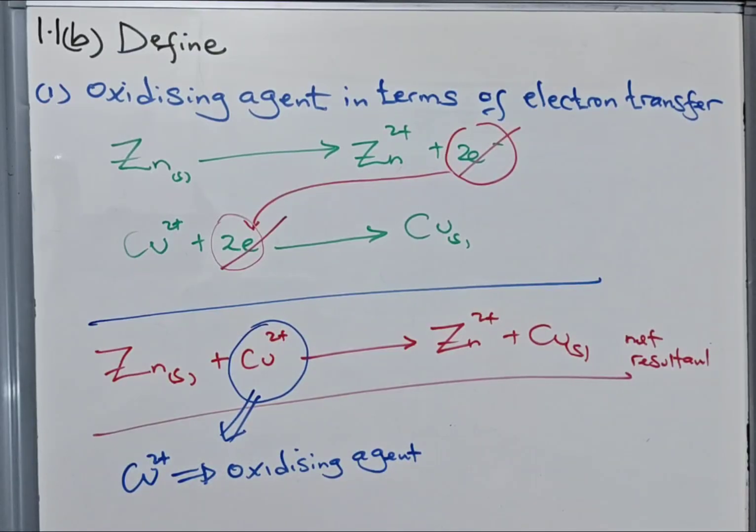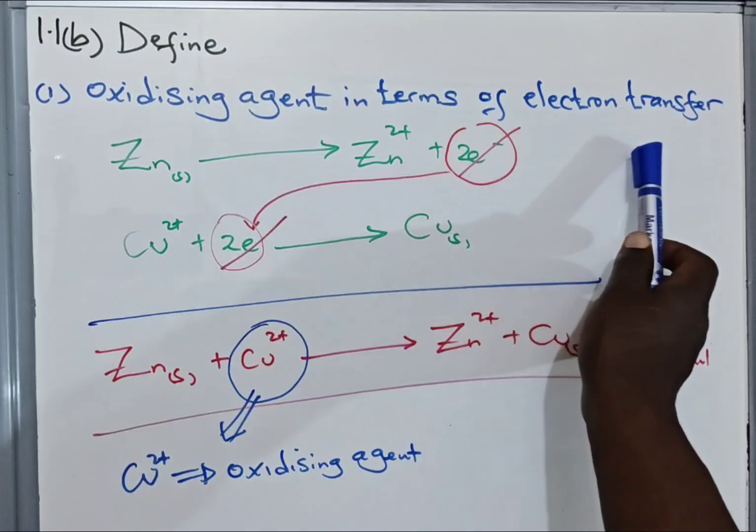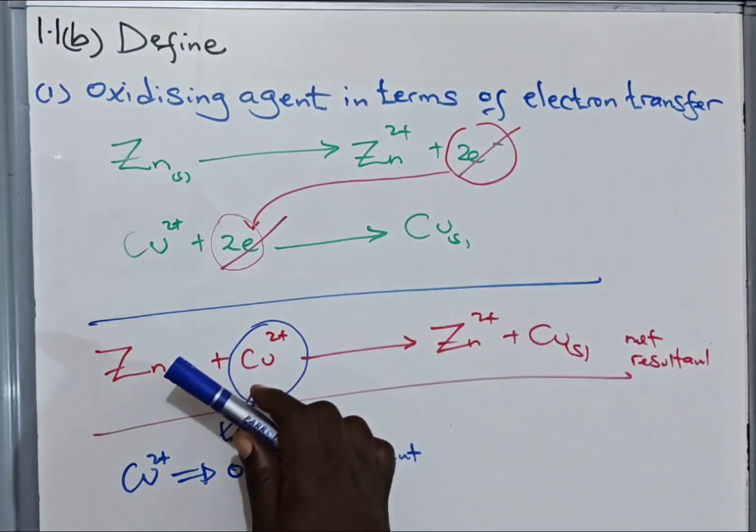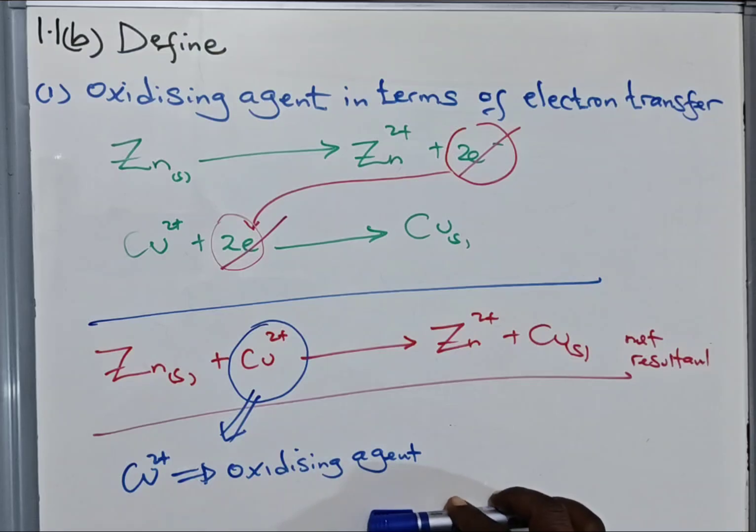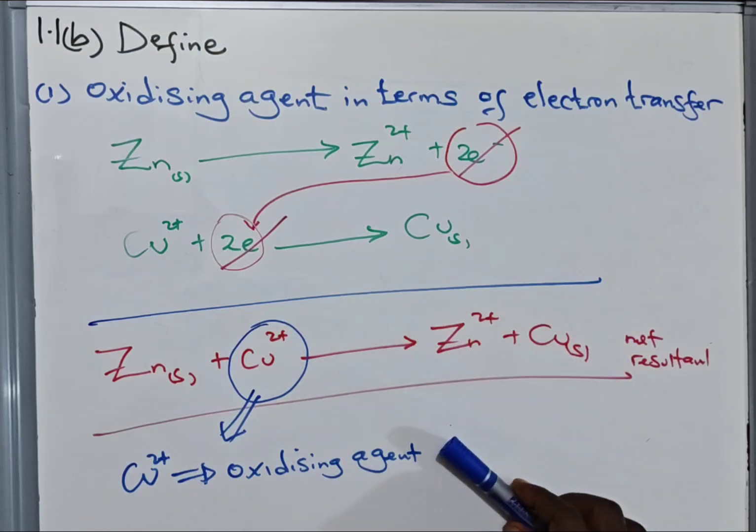So that is it. Let's go back to the definition. What is an oxidizing agent in terms of electron transfer? It is the substance which gains electrons during a redox reaction.